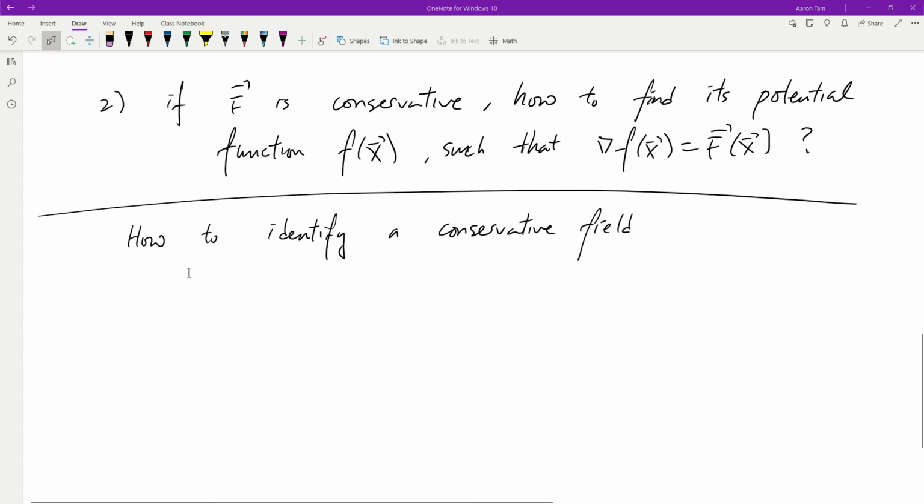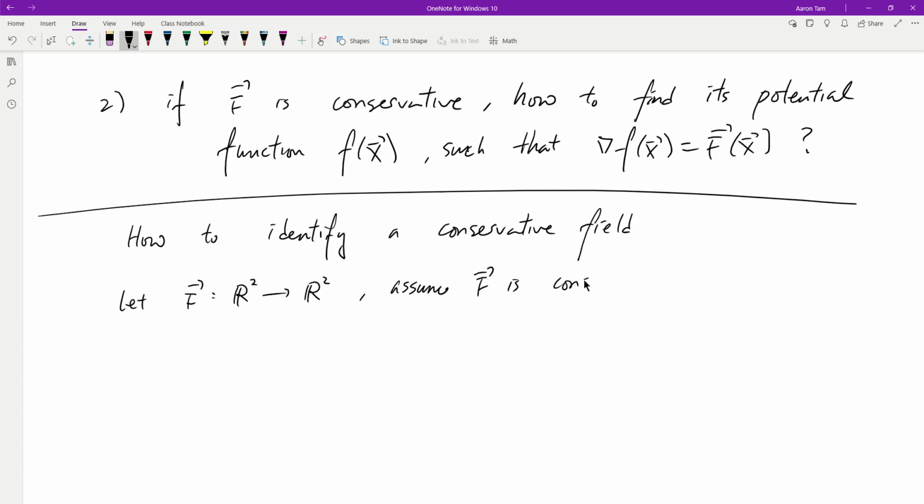Let's say we have a vector field F in R2, and let's assume that F is a conservative field. What we're going to try to do is figure out if there's some special property about a conservative field that we can use to identify it.